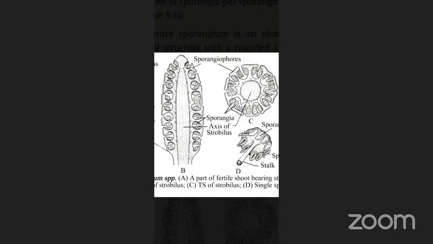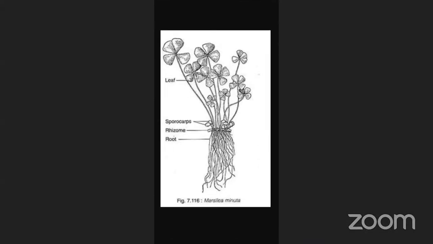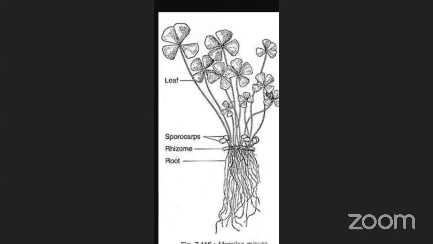So the next topic is Marsilea, the structure of Marsilea. This is the Marsilea plant. This Marsilea sporophyte is the plant body.